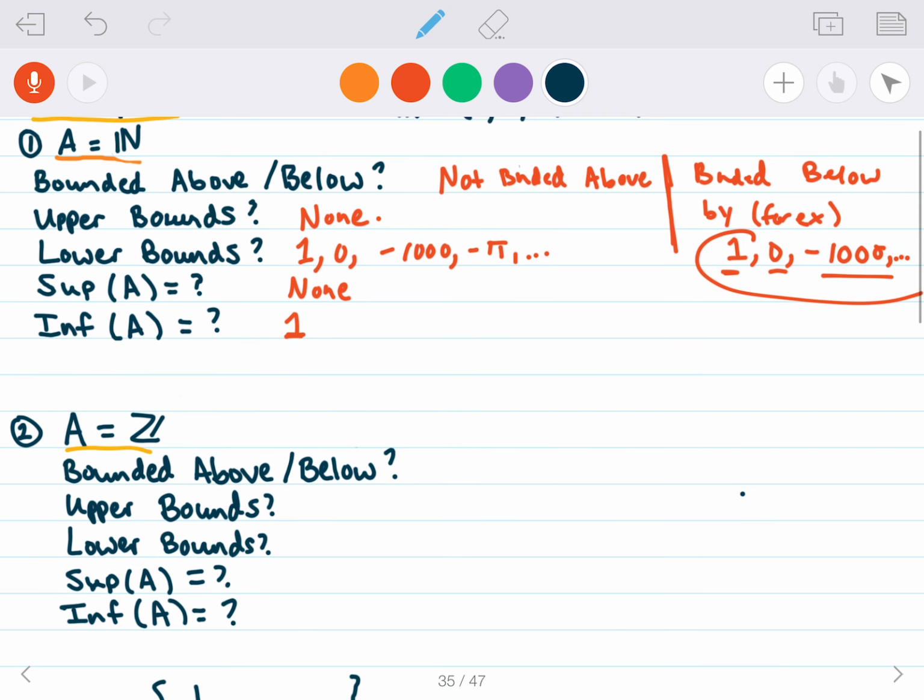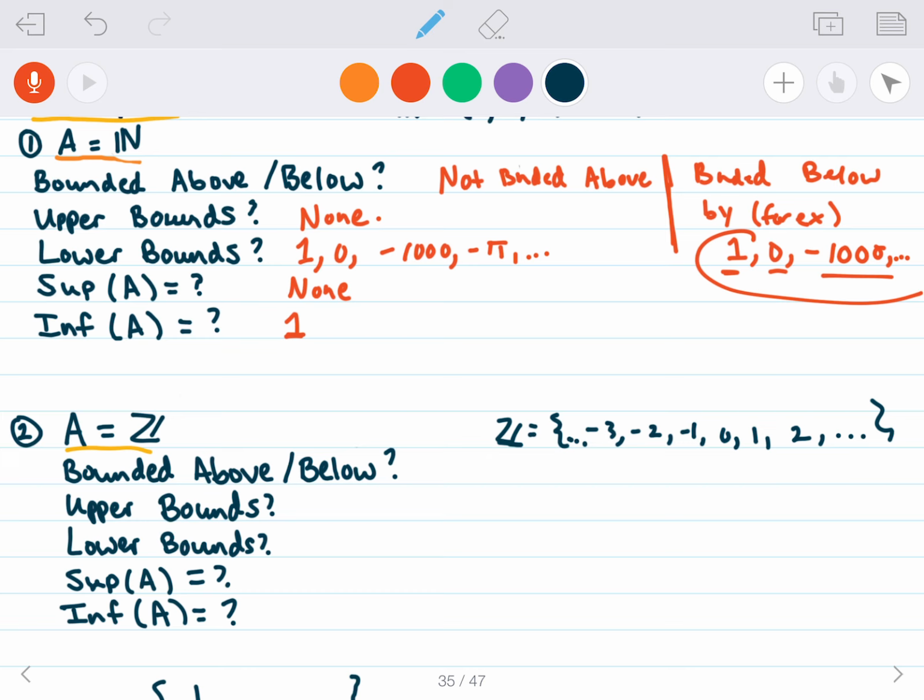What about the integers? Is this set bounded above or below or both? Well, the integers consist of all whole numbers, positive and negative. Okay, so no, the set is neither bounded above or below.